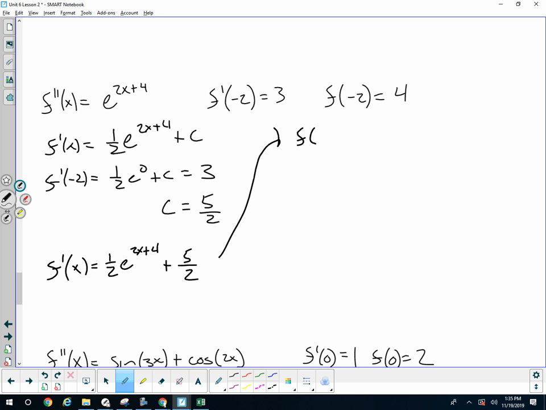I take that antiderivative, and I realize I need another 1/2 to be multiplied by the existing 1/2. I need a 1/4 now. I'll need a 5/2 x and then a second c.